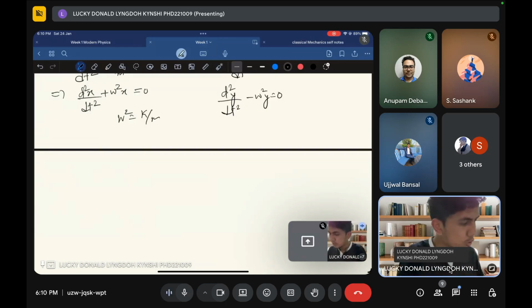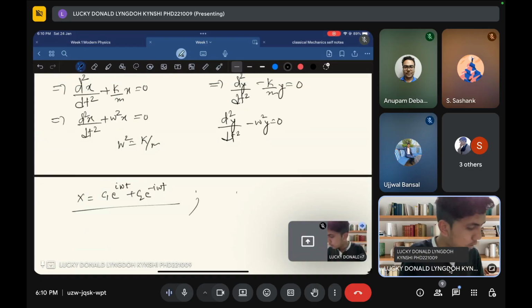The solution of this is simply x equal to C1 e to the power of i omega t plus C2 e to the power of i omega t. That is the x coordinate, and in y you can write b1 e to the power of omega t plus b2 e to the power of omega t.